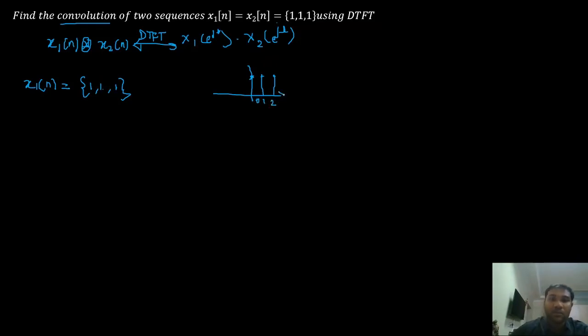This is my x1 of n. So I can write it as delta of n plus delta of n minus 1 plus delta of n minus 2.